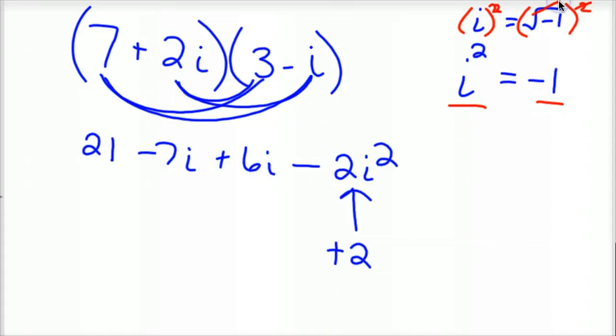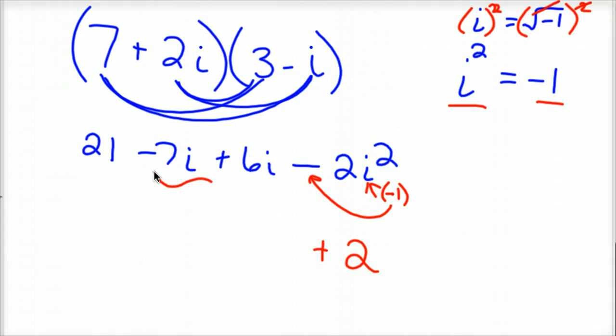Let me slow it down a little bit and backtrack. i squared is -1, and -2 times -1 is a positive 2. That's where I ended up with the 2 there.